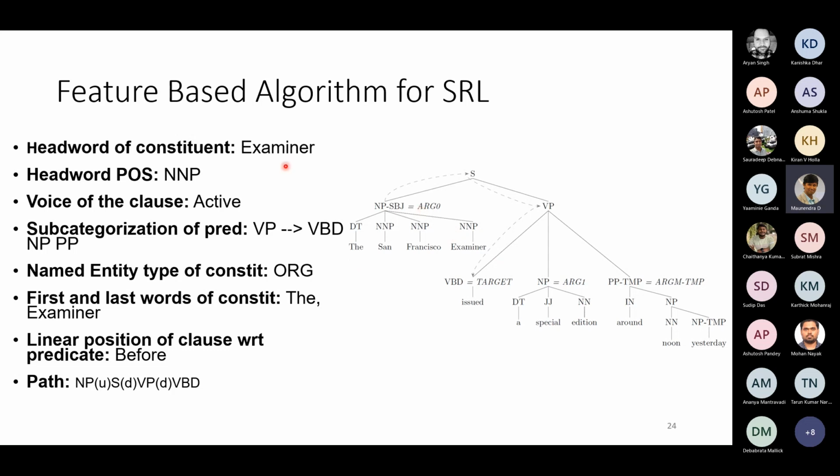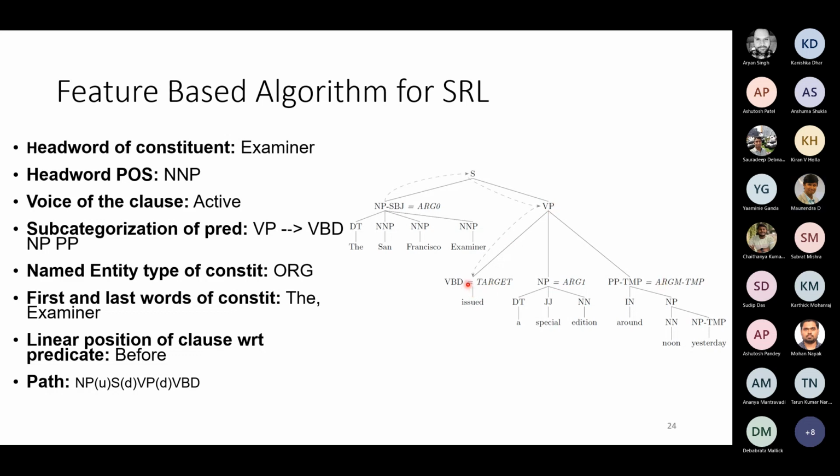The head word of this constituent is Examiner, and the part of speech for that head word is NNP, proper noun, and it is in active voice. Then the subcategorization of the predicate is VP, VBD, NP, PP.